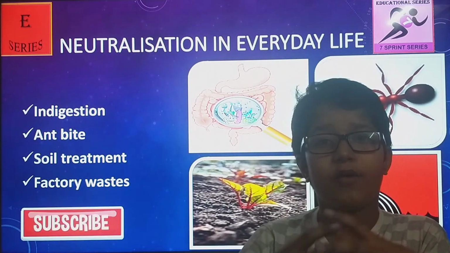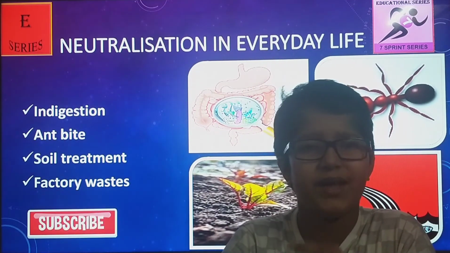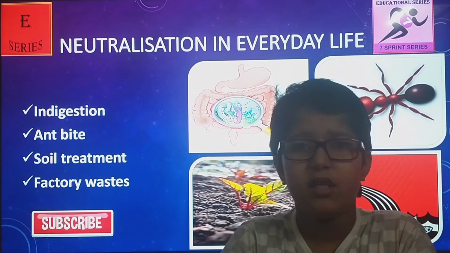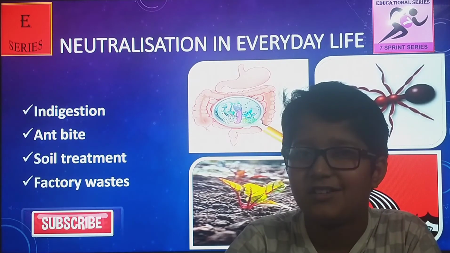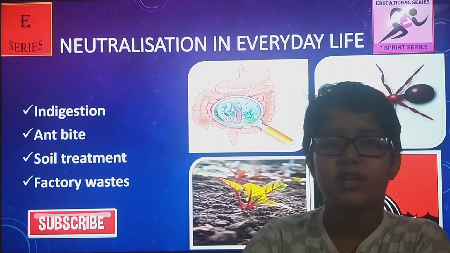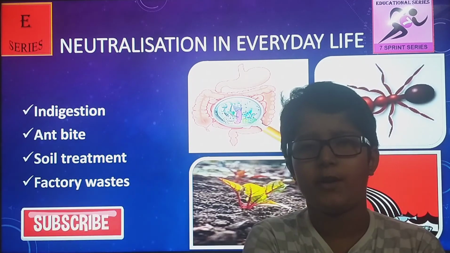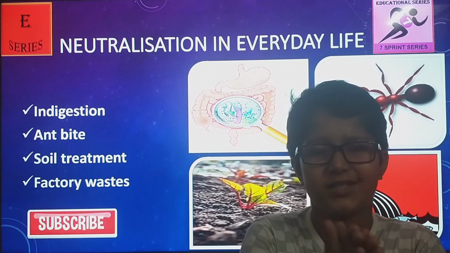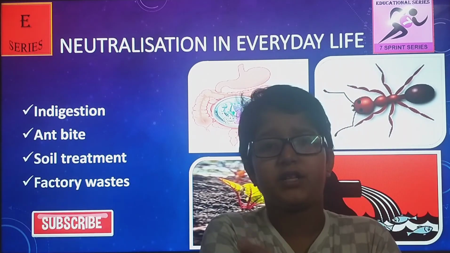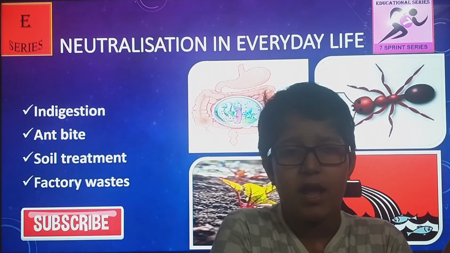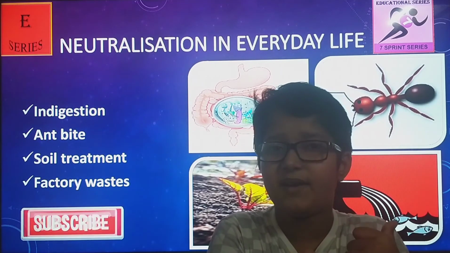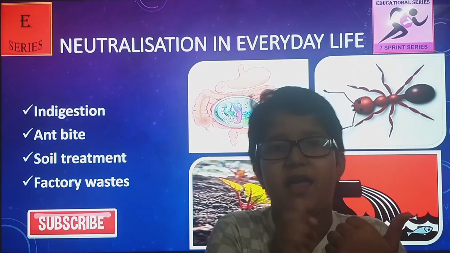So you add some acid or base according to what has happened, which we also call fertilizers. They treat the soil and bring it to the normal pH value, as we learnt about pH, which becomes 7, neither acid nor base.